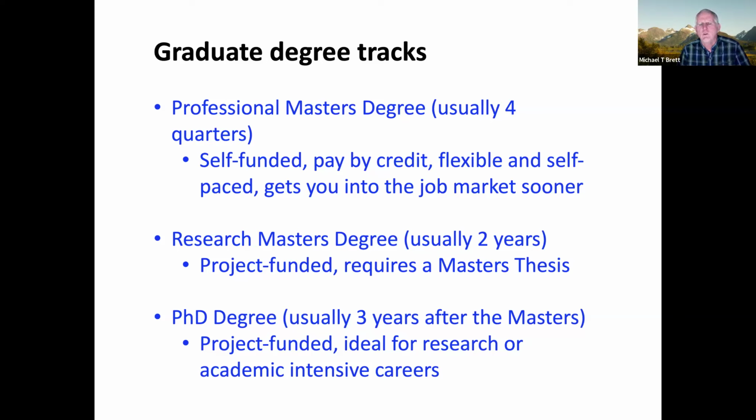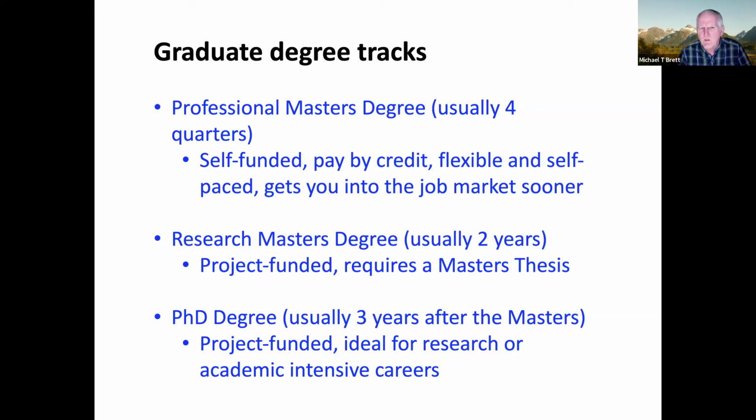We allow you to design a curriculum to focus on wherever you think you want to go professionally. It usually takes about 4 quarters. It's 42 credits, and so we usually advise people to take 10 to 12 credits a quarter. And it gets you out on the job market fairly quickly.